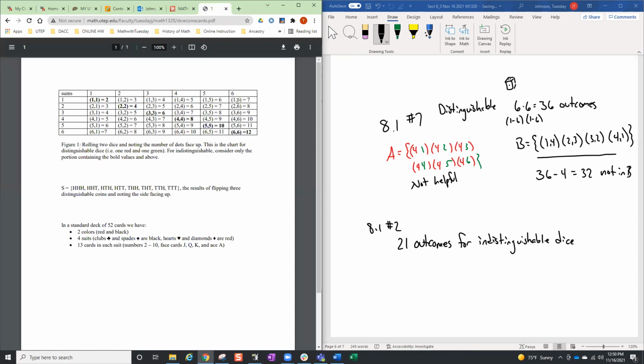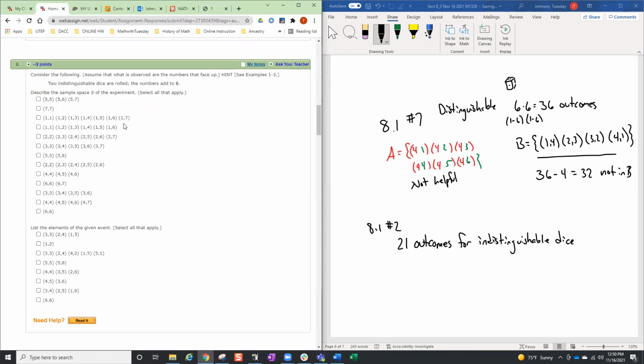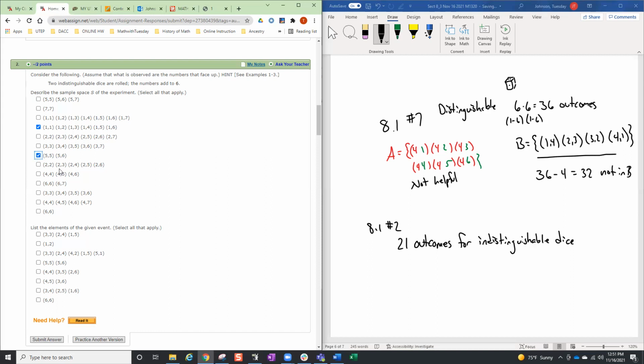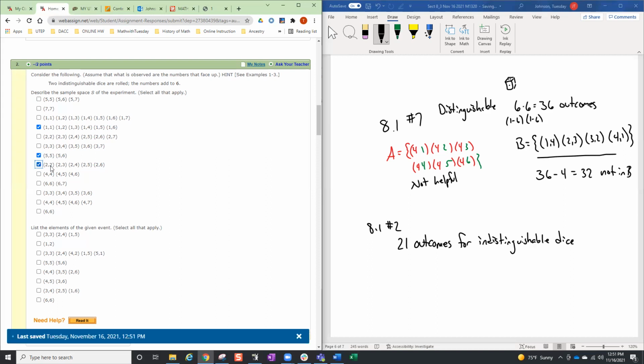Now, as I'm looking at this chart, is there ever a time when one of the dice can show a 7? No, only when we add do we get a 7. So I'm not going to choose any answer that has a 7. 1, 2, 3, 4, 5, 6 with 1, yes. With a 7, no. With a 7, no. 5, 5, and 5, 6. Let's look. See how these two are the only ones, bold and over? And I do that with each one. 2 starts with 2 through 6. 4 starts with 4. 3 starts with 3.